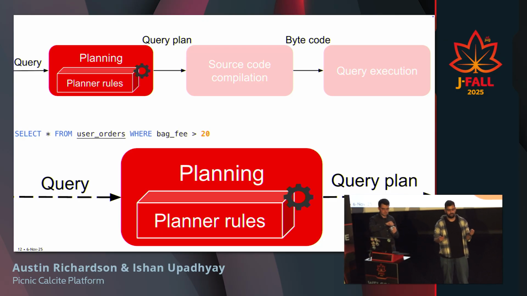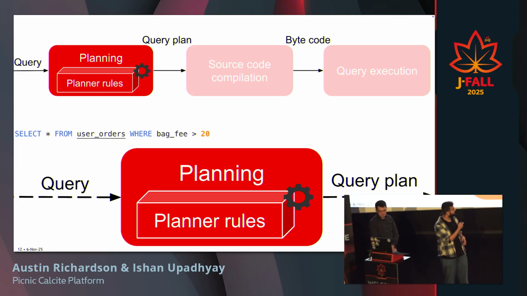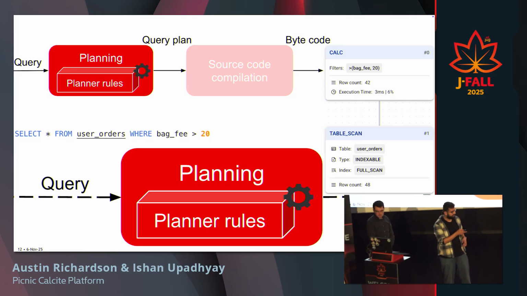So the planner applies a bunch of planning rules, which are basically optimization rules, in different steps, and then comes up with a plan which has the least cost. For example, for a query that looks like this, a plan would be something like that. You can see there's a table scan, and then on that table scan you're doing a filter, which is this calc node or calc operation.